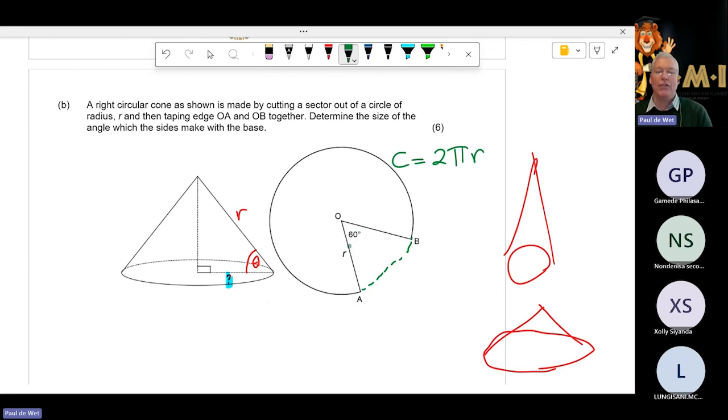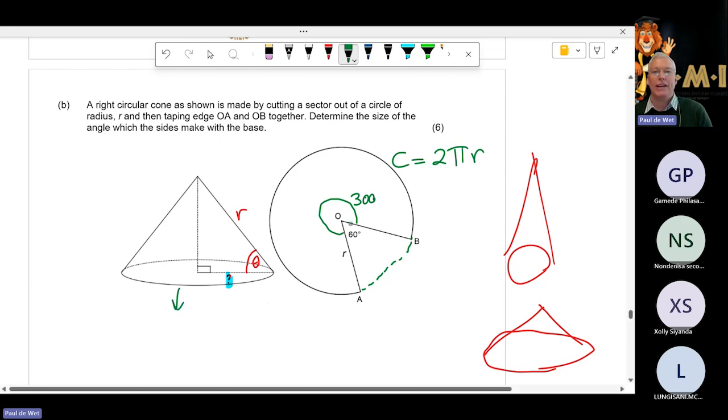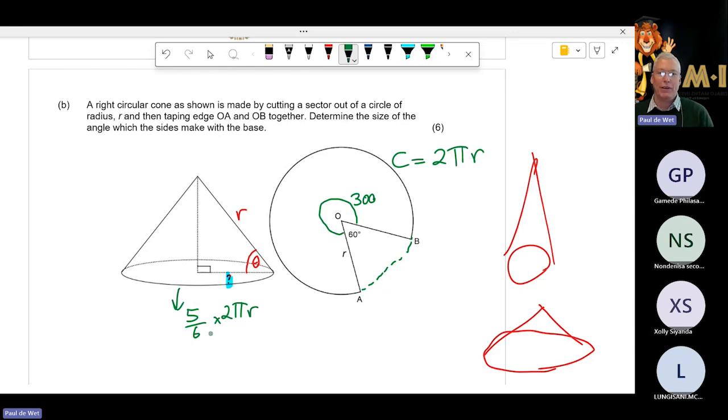We have taken out 60 degrees out of 360 degrees, so this is 300 and that's 360. When we take that piece out, the circumference of the bottom is 5/6 of 2 pi r. This piece, 1/6, is missing, so 5/6 are left.